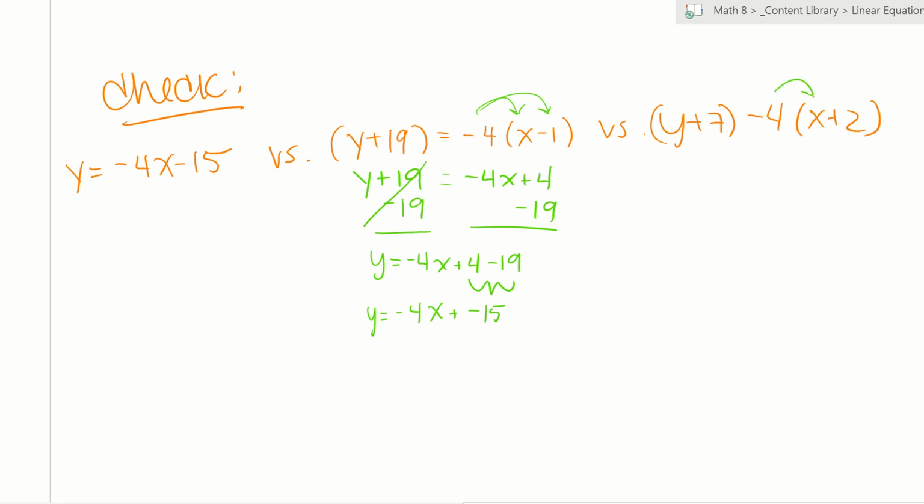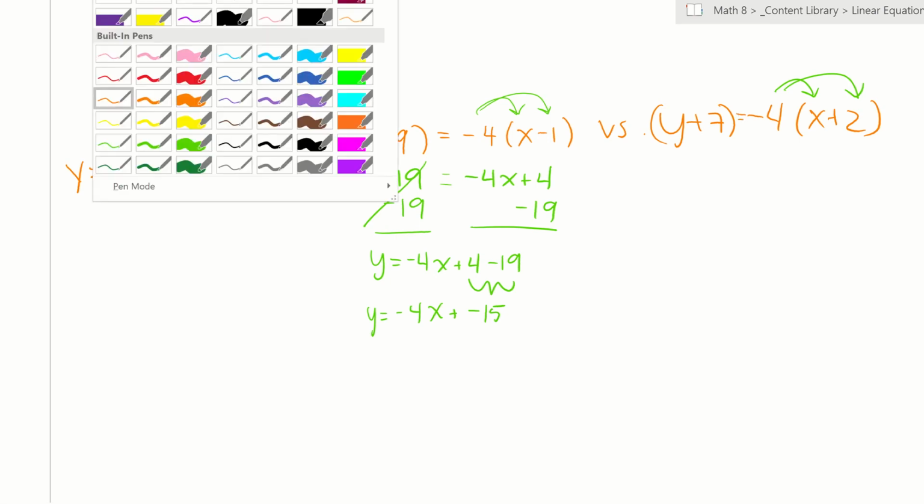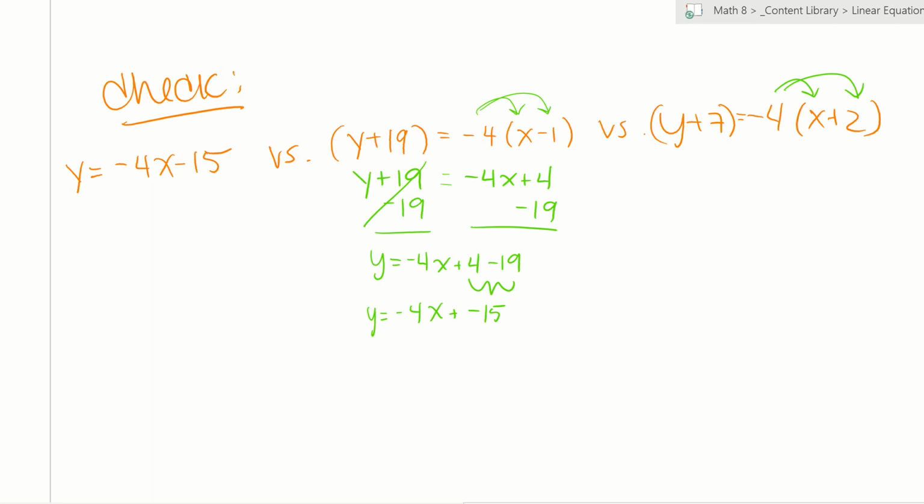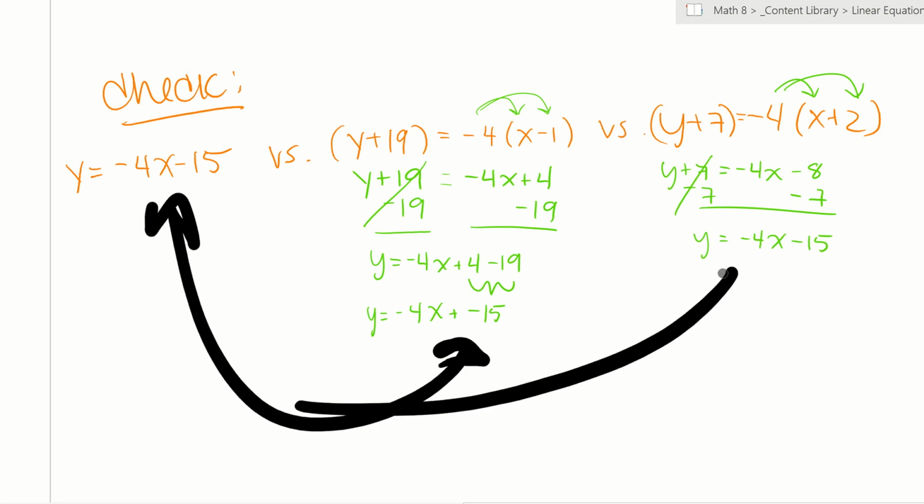On this side, let's distribute. Oh, I forgot an equal sign here. There we go. That's better, right? We got y plus 7 equals -4x minus 8. Subtract 7 from both sides. y equals -4x minus 15. So these are all equal, the same.